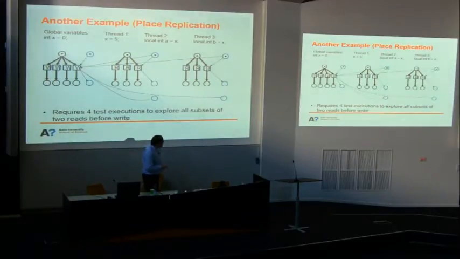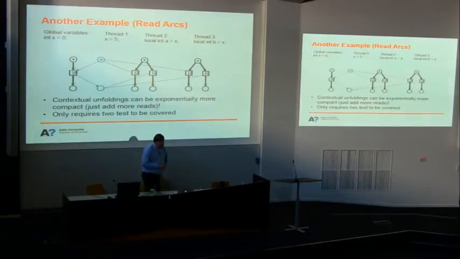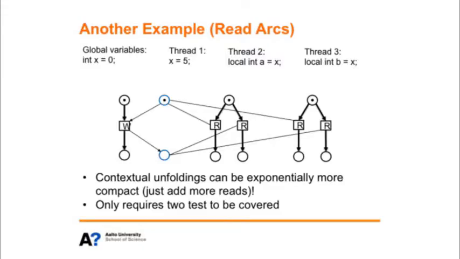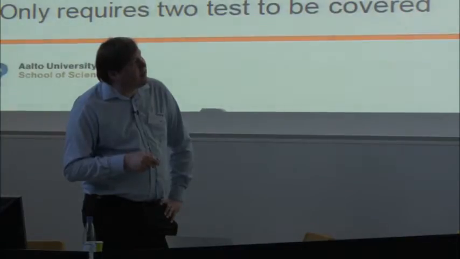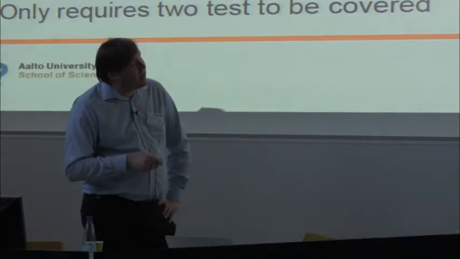And now if we move to the read arcs world, this is what this thing will look like. There will be a write in here, which will grab the initial state and produce the new state. And then there will be a read, which is enabled if and only if the write hasn't already happened, and another read that's enabled if the write hasn't already happened, and then this other read, which is enabled if and only if this write has already happened.